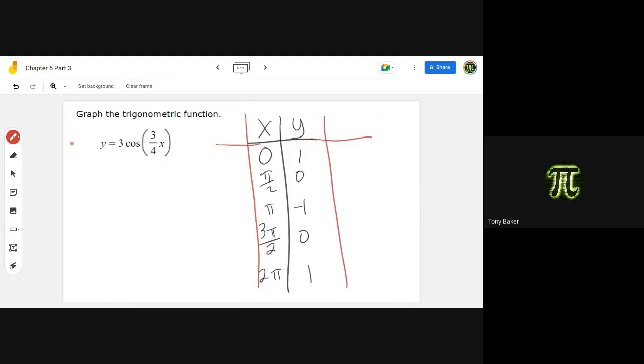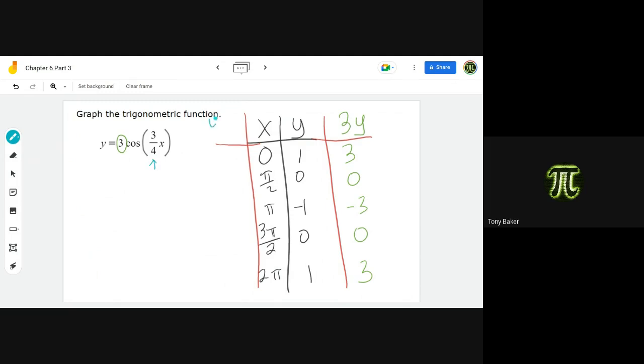So we're going to take this number out here. So I've got 3y. So that means it's going to be 3, 0, negative 3, 0, and 3. I just multiply all my y's by 3. Okay? What about this one?